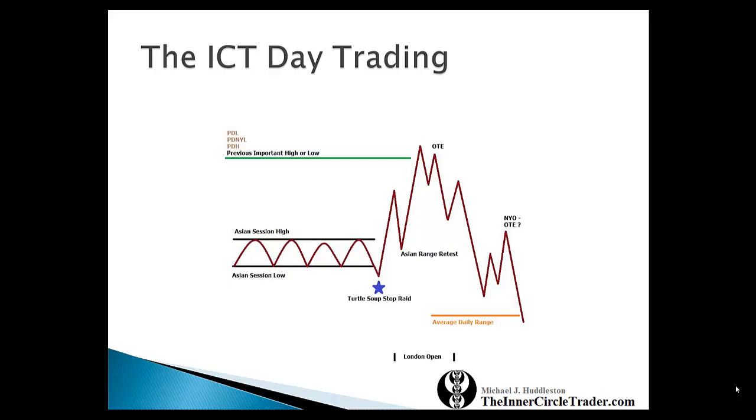We look for a Judas swing. I did mention it earlier, but if you take the average daily range for the day you're getting ready to trade and you multiply that by 0.33, what that's going to give you is the very high end level that should form for the day.